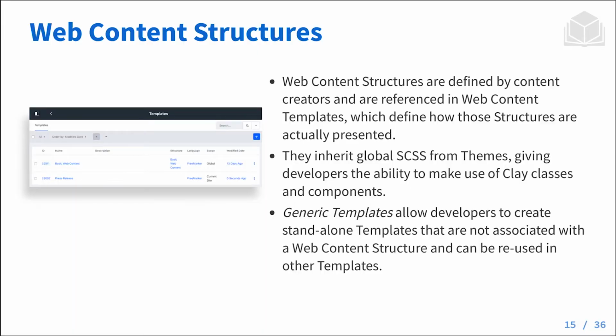This gives us a little more flexibility, similar to what we saw with our themes and the Portal Normal, where we had some FreeMarker files we could keep separate but wanted to include in our Portal Normal. We have that functionality even in web content as well.